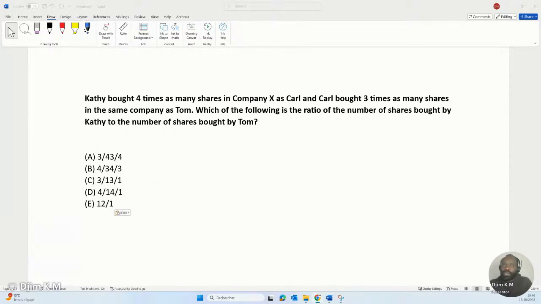And Carl bought 3 times as many shares in the same company as Tom. Which of the following is the ratio of the number of shares bought by Cathy to the number of shares bought by Tom? Okay, let me see.